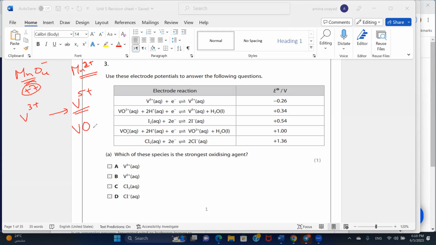We have to write it VO2+. We have to write it in this form. And of course, we are going to use the equations that are written in the data booklet. So we don't have in the data booklet a V5+. We have a VO2+. Now, let's look at this question. It says, which of these species is the strongest oxidizing agent?